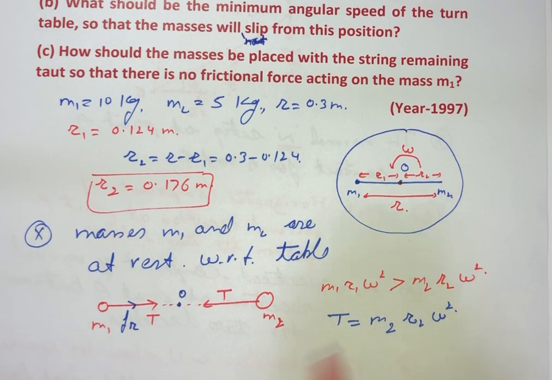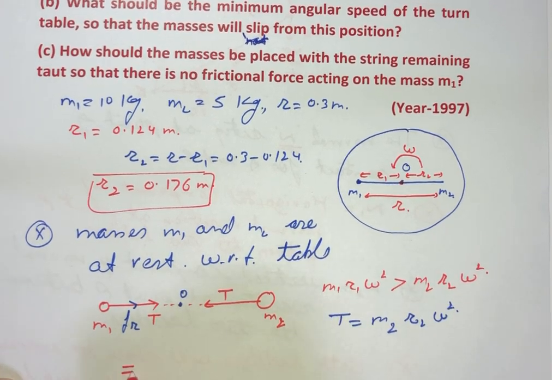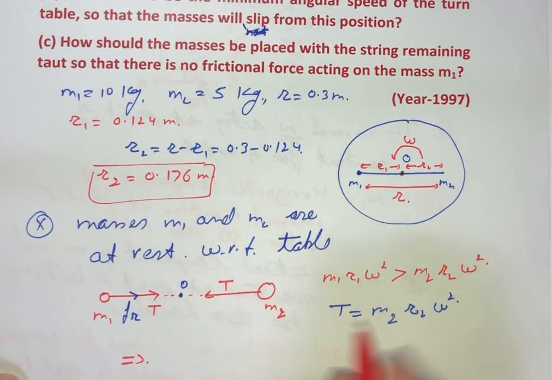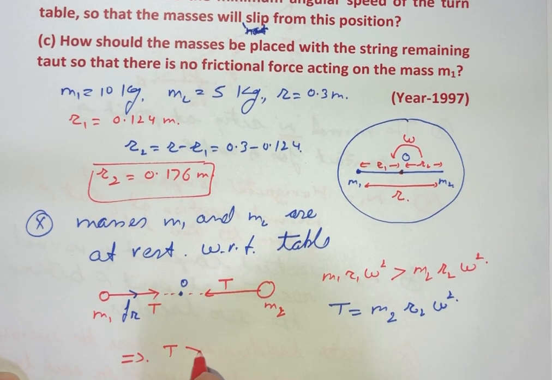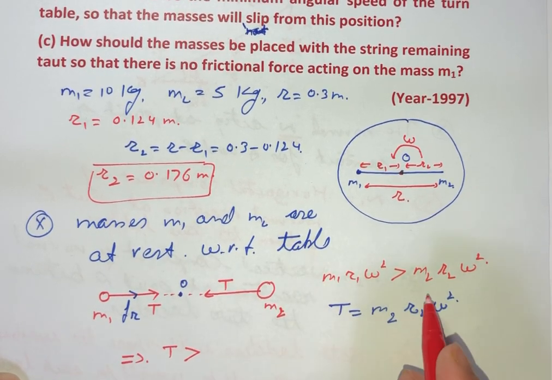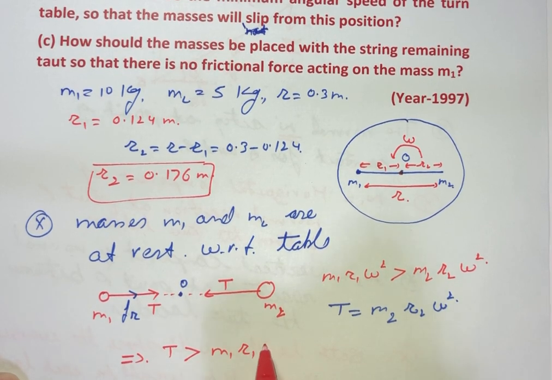From here we can say that tension T will be less than m1 r1 omega square.